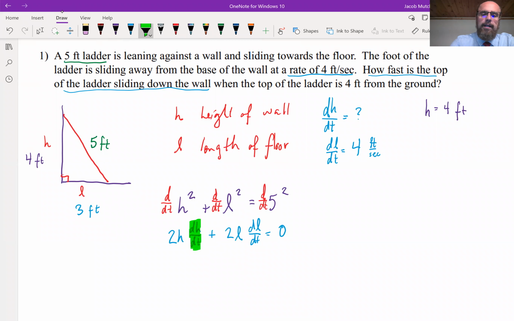So I know that the height, we'd already solved and labeled our right triangle over there, is going to be 4. So we'll have 2 times 4 times dH/dt. Again, that's what I'm looking for, so I'm going to leave it as a variable. Plus 2 times the length. We had solved the length in this triangle to be 3 feet.